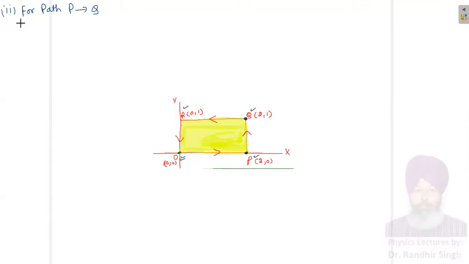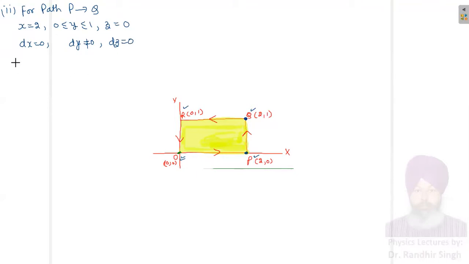So x is equal to 2, y starts from 0 and ends at 1, and z is 0 because segment PQ also lies in the xy plane. Since x is constant, its derivative dx is 0. y is variable, so its derivative is not 0. And z is constant, so dz will also be 0.